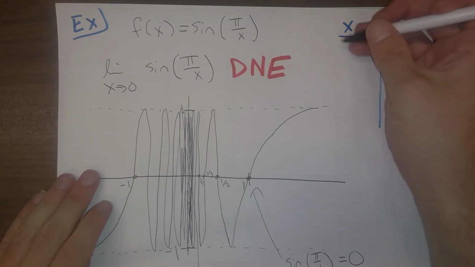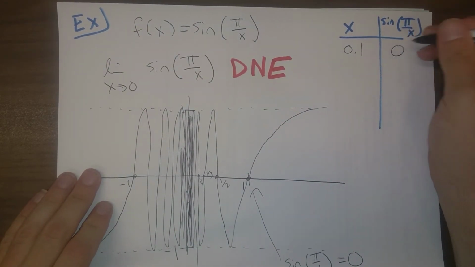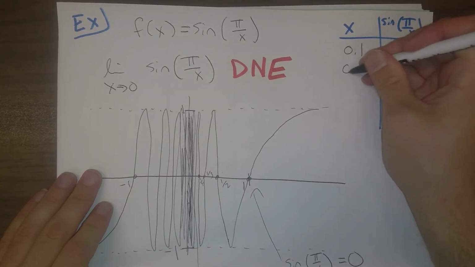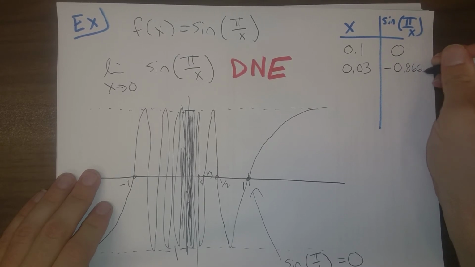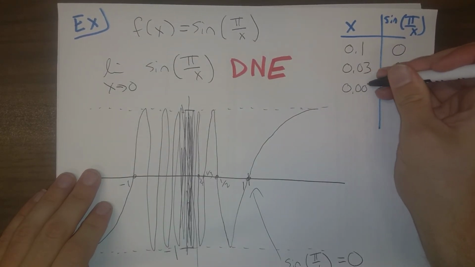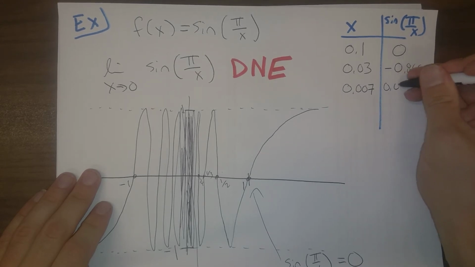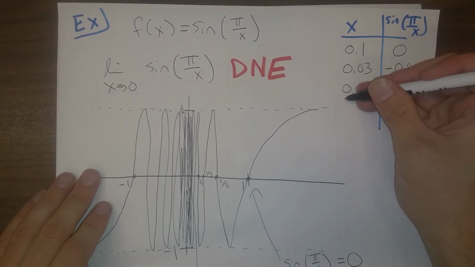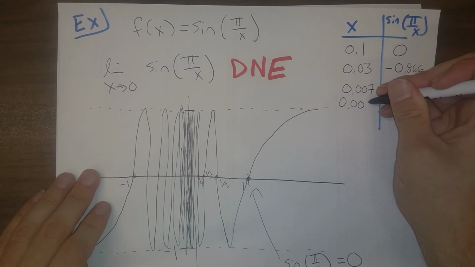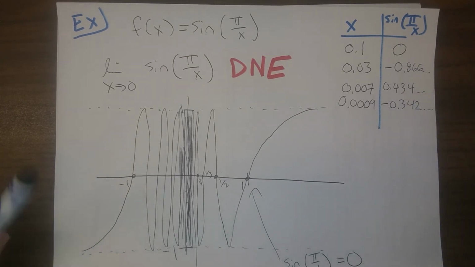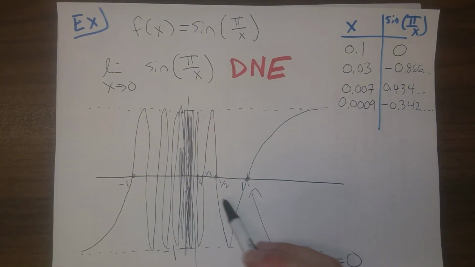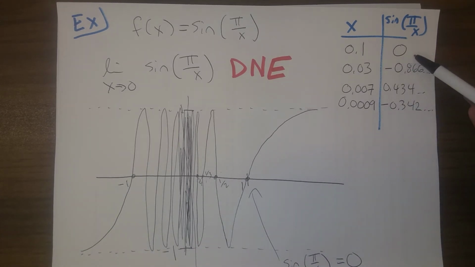If x is 0.1, sine of pi over x is 0. If x is 0.03, the output is minus 0.866... 0.007, 0.434... 0.0009, minus 0.342... So we can see here these x values are getting very close to 0, and sine of pi over x has no intention of settling down: 0, something negative, something positive, something negative.